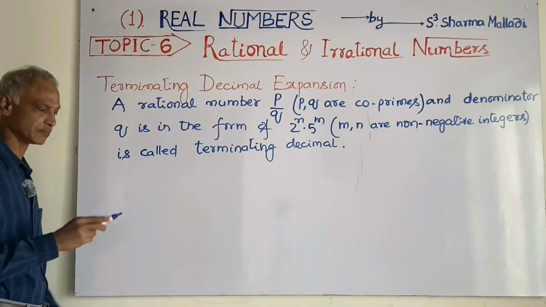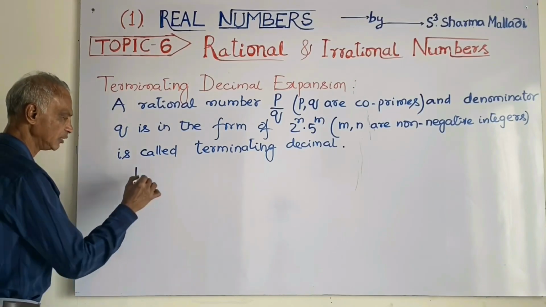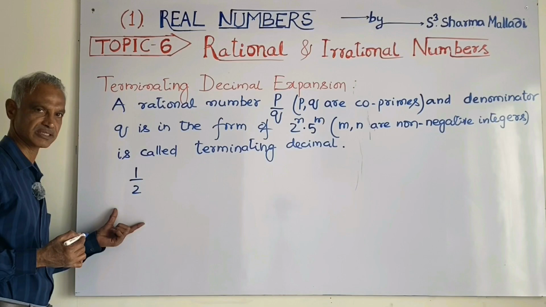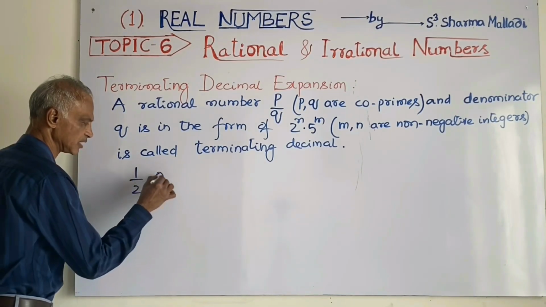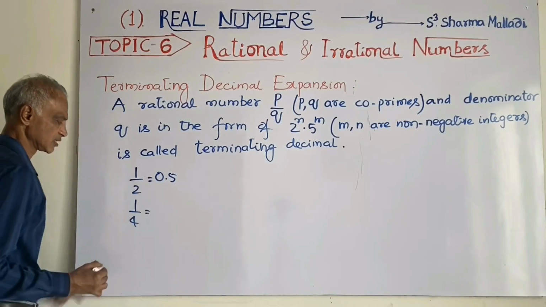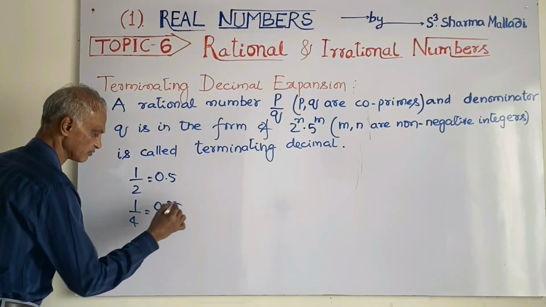Now I will take some more examples. Already I told you 1 by 2 is a terminating decimal expansion because 1 by 2 can be written as 0.5. 1 by 4 can be written as 0.25.